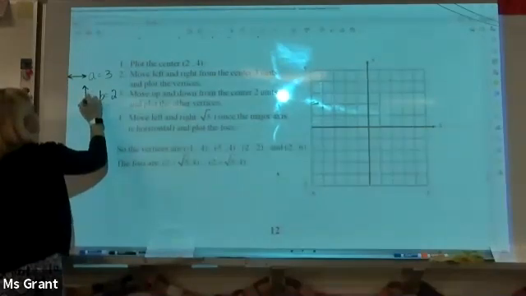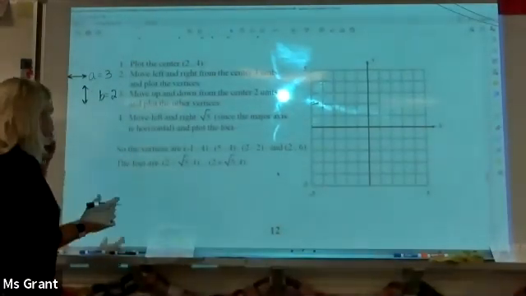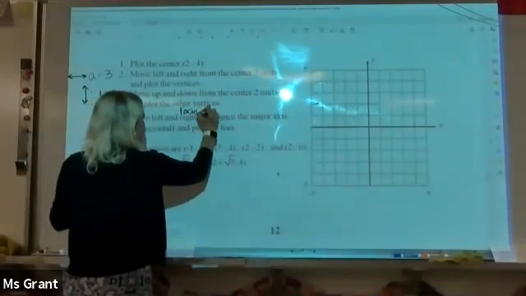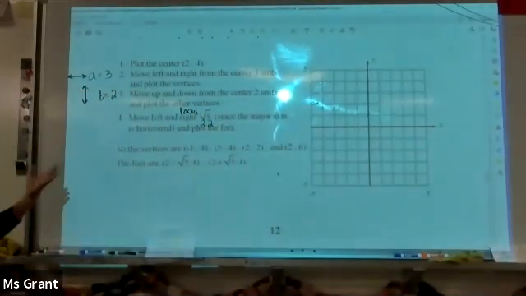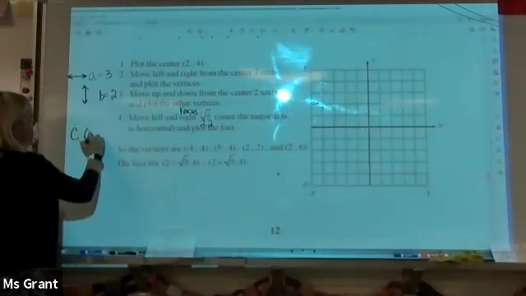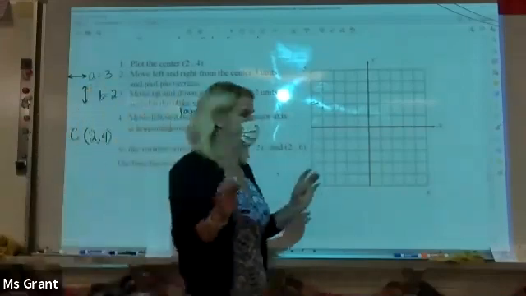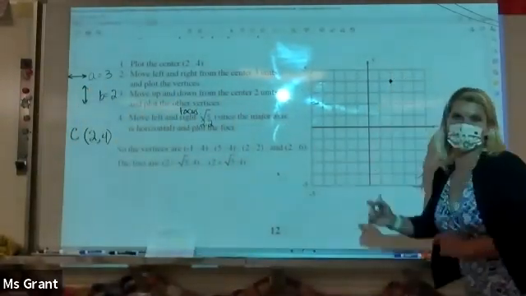That tells me how to move up and down, correct? My focus is rad 5, which is the same as like 2.2. So center, 2, 4. So I'm going to plot that first step. Over 2, up 4. So go ahead and plot that.